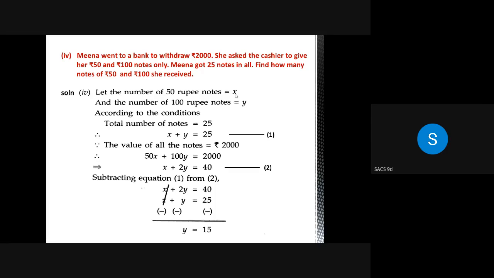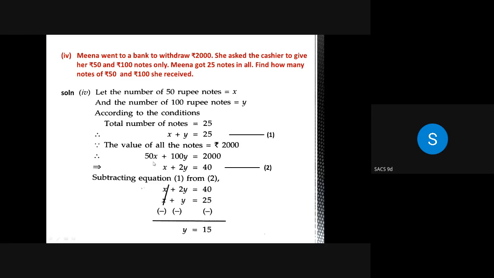So that way, if X is the number of 50 rupee notes, its value will be X multiplied by 50. And if I have a total of Y 100 rupee notes, its value will be Y multiplied by 100. So if you have 5 notes of 100 rupees, total value will be 5 into 100, that is 500. So that way, the second equation becomes 50x plus 100y equal to 2000.